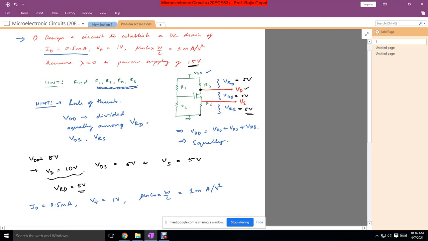Assuming lambda equal to 0 and VDD is 15 volts. What you have to find are the values of R1, R2, RD and RS. Now I think finding the values of RD and RS is quite simple.